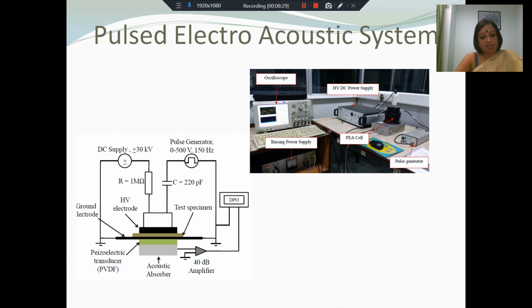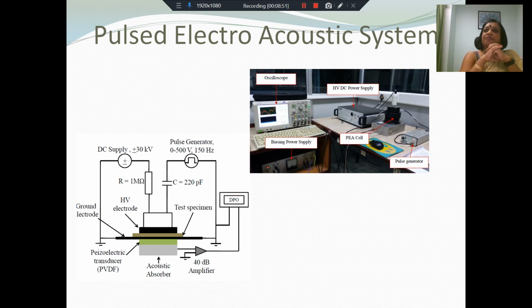This acoustic wave travels through the sample, through the ground electrode, and is picked up by the piezoelectric sensor. So the signal from the piezoelectric sensor has information about the space charge location as well as the space charge magnitude, the total space charge accumulated within the material.